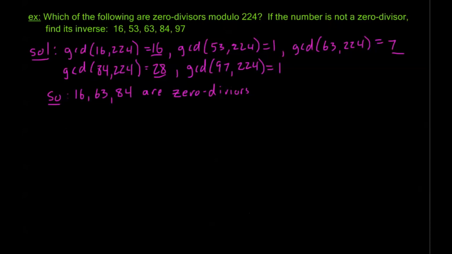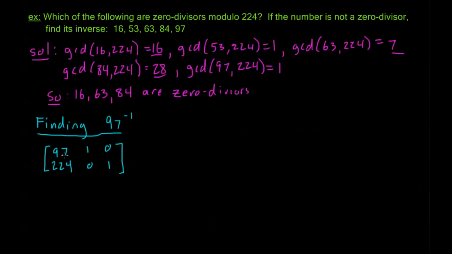So for finding 97 inverse, I'm going to look at this matrix here. It's like the matrix method we had before for the Euclidean algorithm: 97, 224. And remember, I have a 1, 0, 1, 0. Remember this?